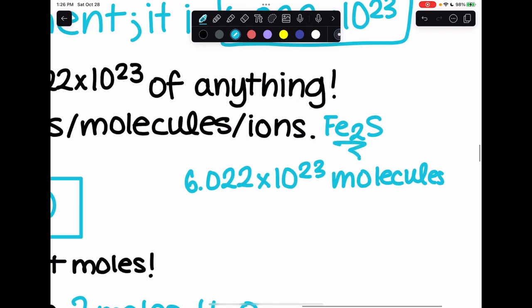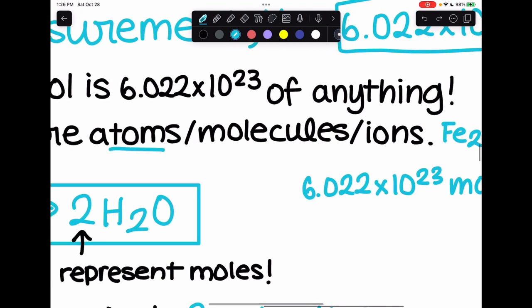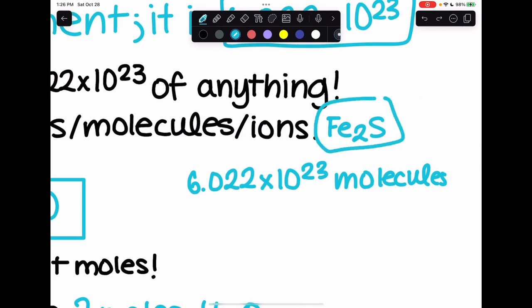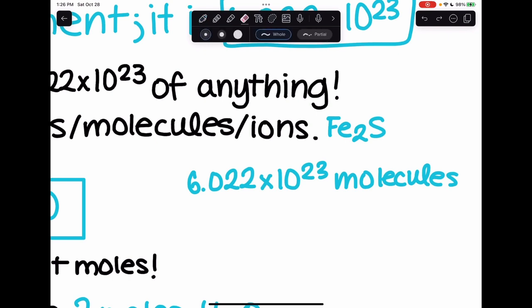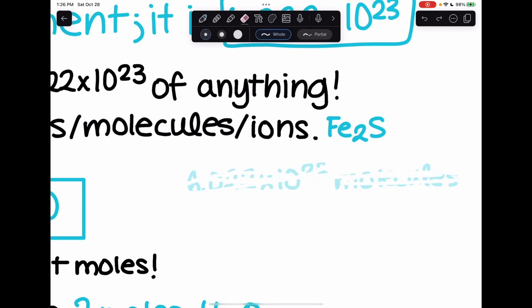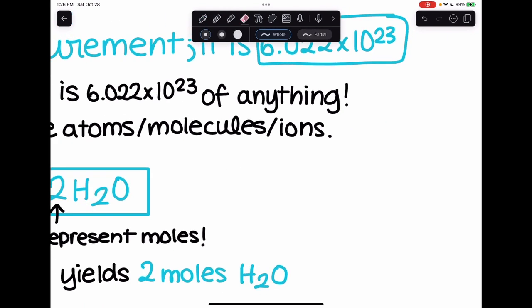Because there's just 1 molecule, but it's not the same thing as atoms, because molecules are made up of atoms, and for each molecule, there are 3 atoms. So you can't just say there's 6.022 times 10 to the 23rd atoms in Fe2S, because there are 3 atoms in Fe2S, and we're going to talk about that more in our example problem.